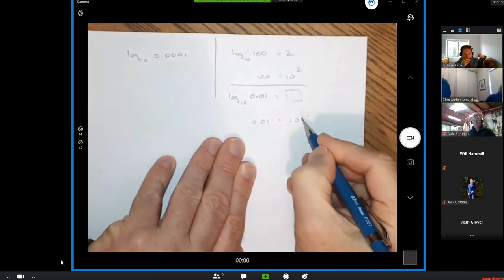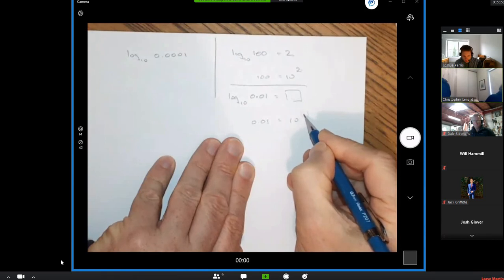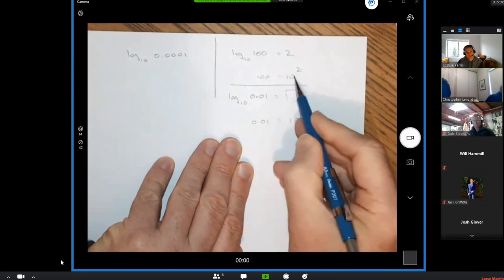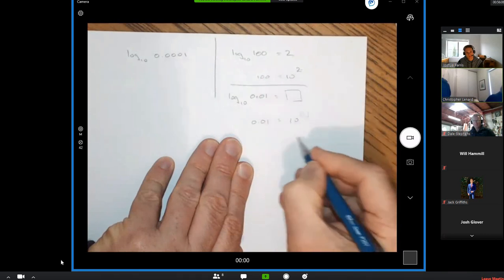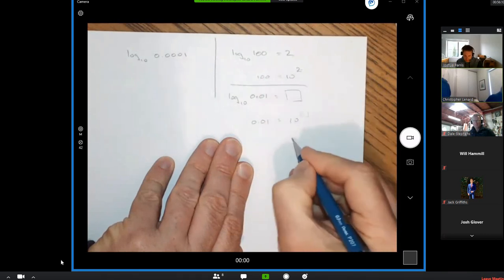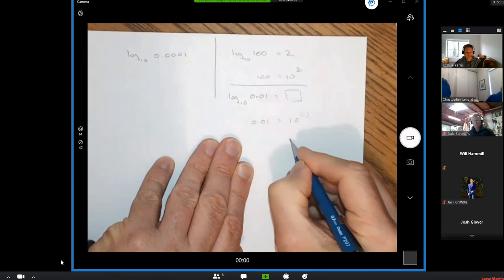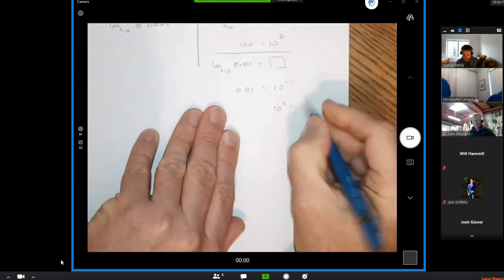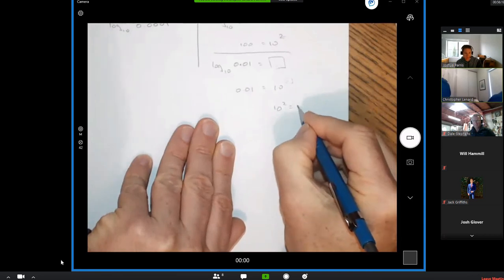And you say to yourself, well, this is obviously not a positive power, because otherwise you'd have 10 squared is 100, 10 cubed is 1,000. So what you might do is say, well, what powers do I know? I'll actually do it this way. It's a bit long, but I think it helps.